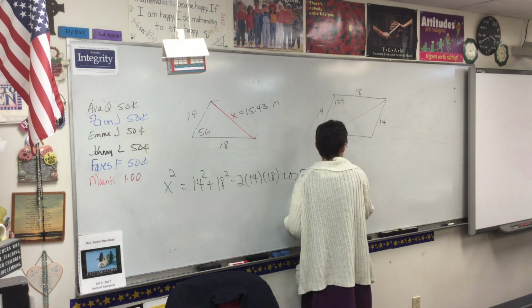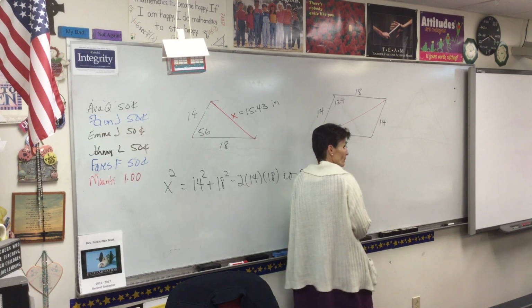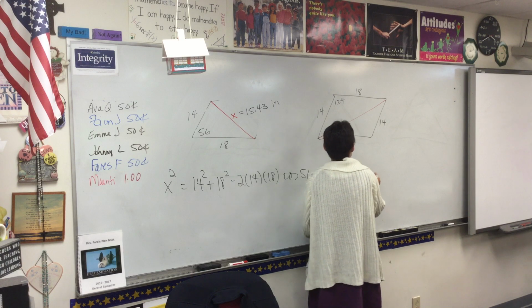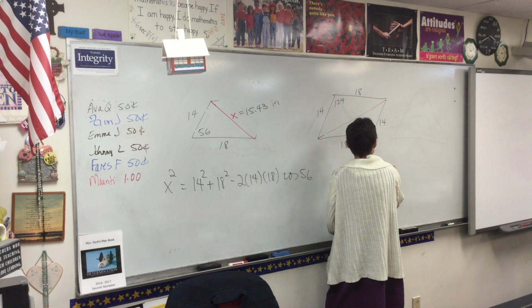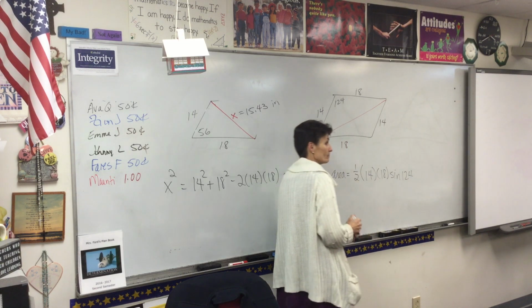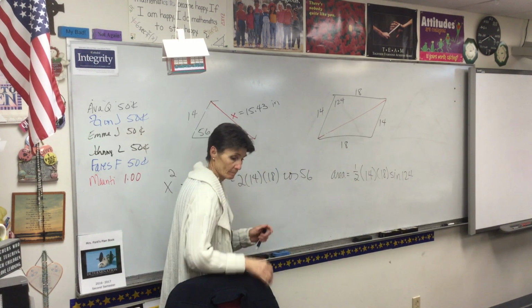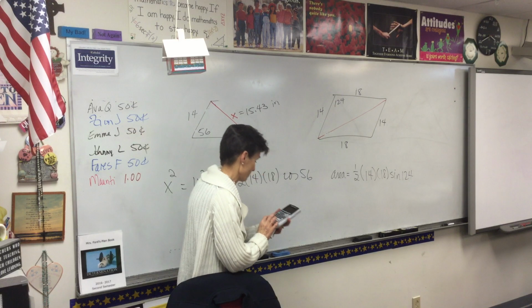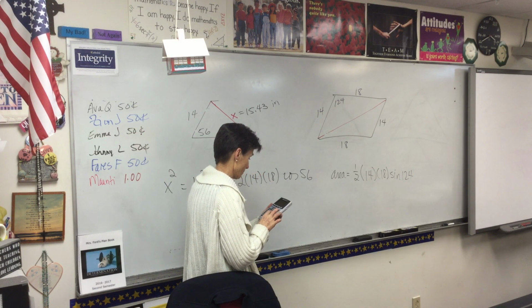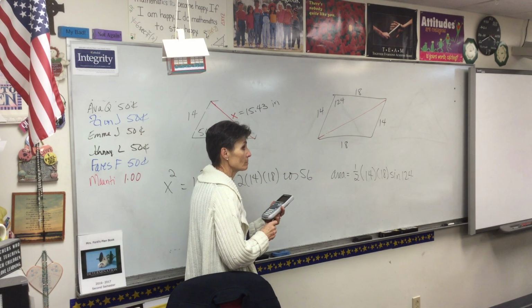So here we go. Area equals, we're doing area, right? So area equals 1/2 times 14 times 18 times sine 124. 104.